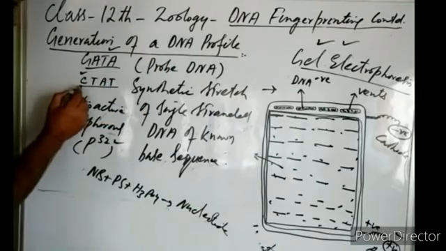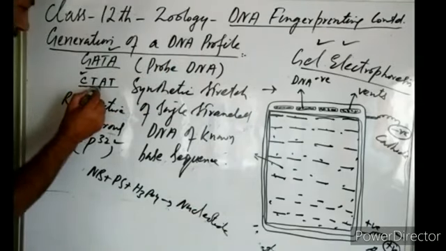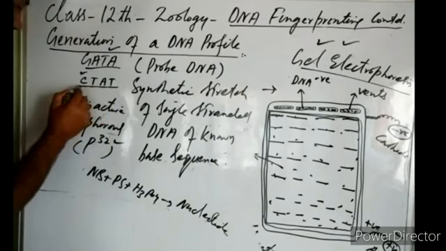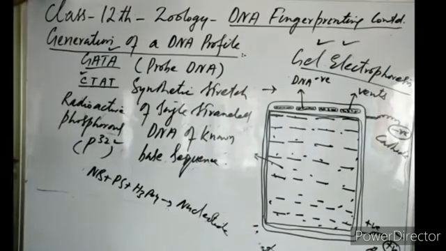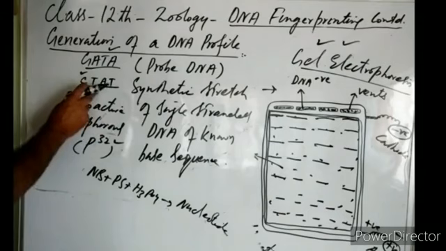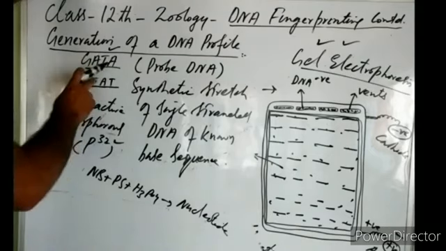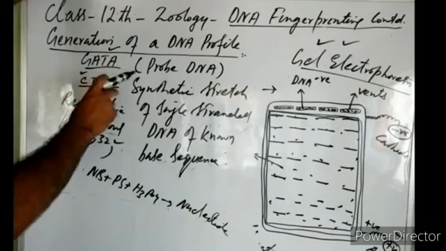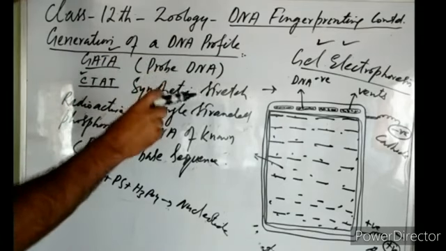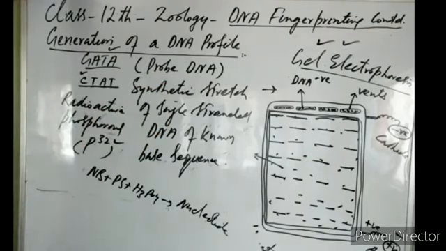So they first make the cytidine nucleotide, then thymidine nucleotide, adenine nucleotide, thymidine nucleotide. They join these nucleotides together in the laboratory, and they form this small stretch of single-stranded DNA. This is known as the probe DNA. This probe DNA is complementary to the sequence which these forensic scientists are looking for.